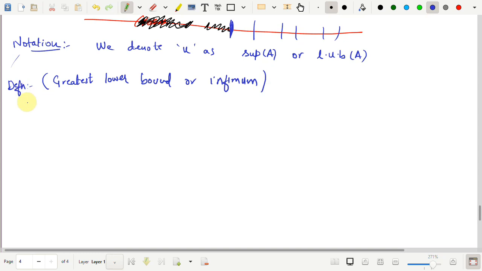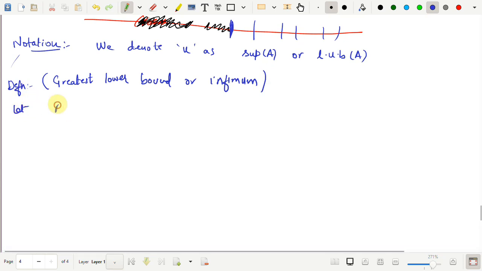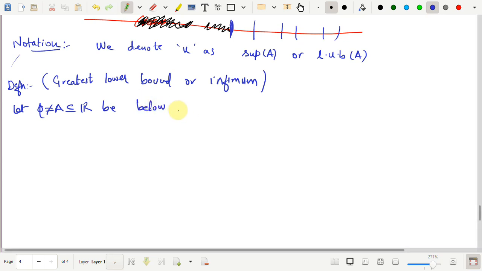Let us start with a non-empty set A which is bounded below, which is a necessary condition to define the infimum of a set.